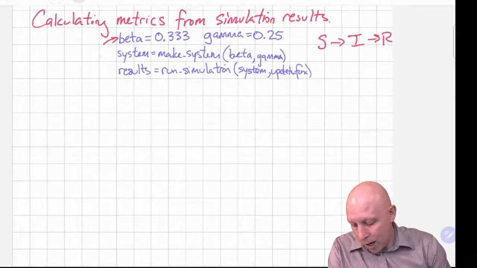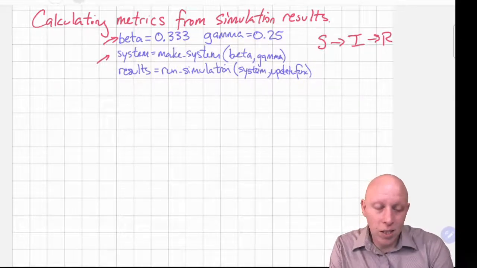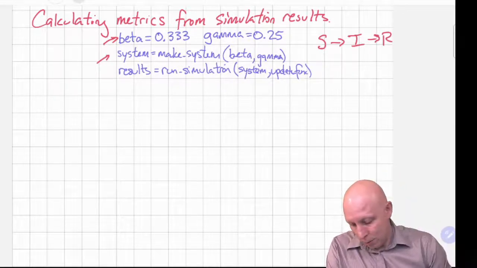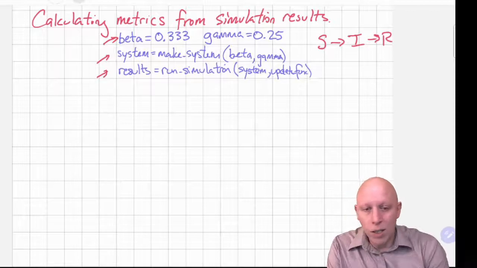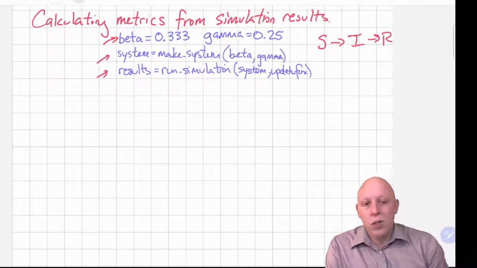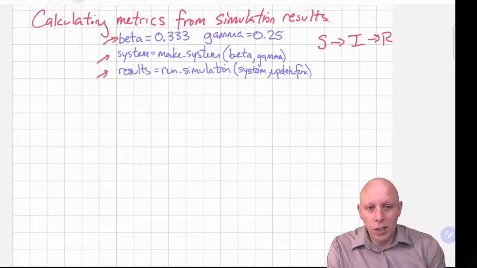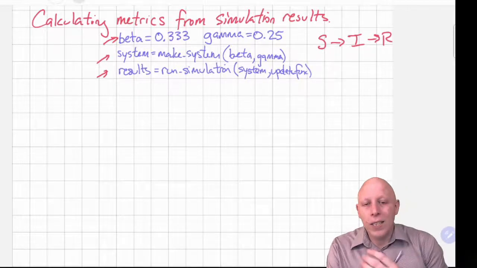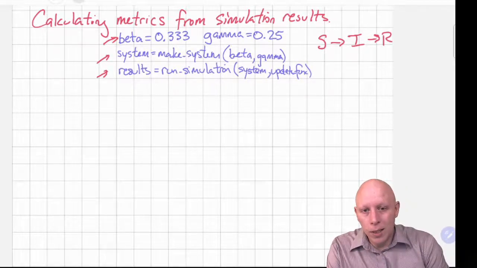We've created our system object from the beta and gamma, and we have used our run simulation function to take in this system object and whatever our update function is to go from time t to time t plus 1, and the output is now a time frame object.